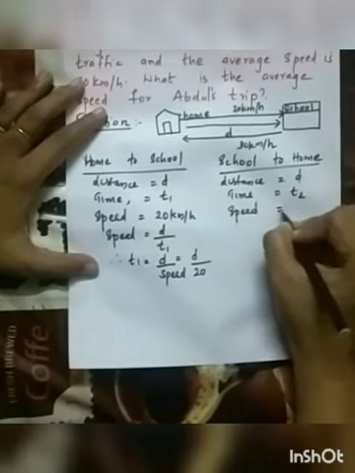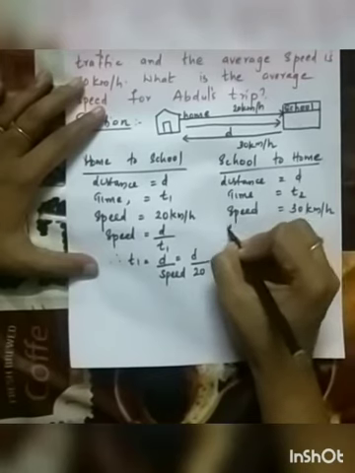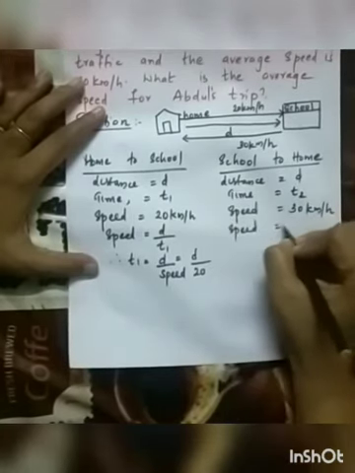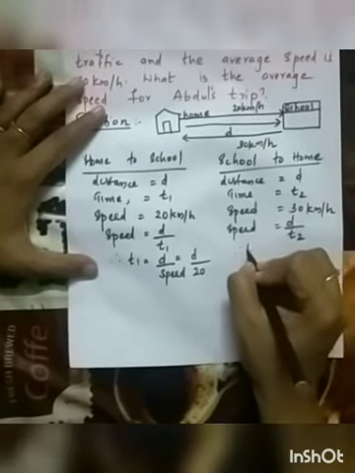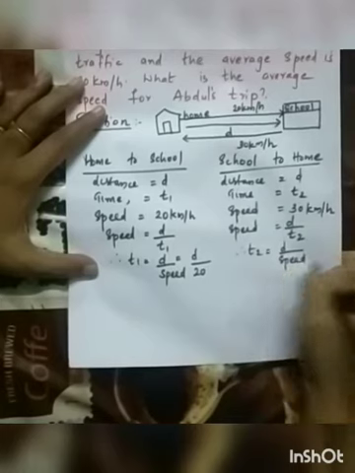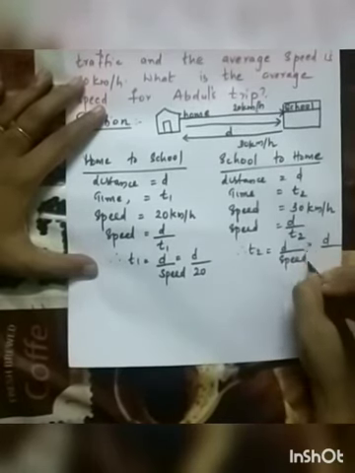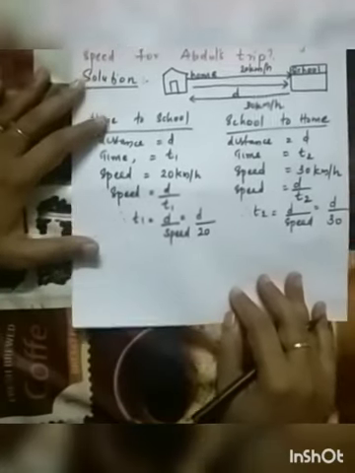Now the speed is 30 km per hour. Speed is equal to distance by time, time is t2. Therefore t2 is equal to distance by speed, that is d by 30.